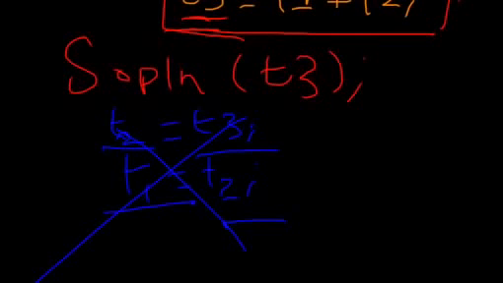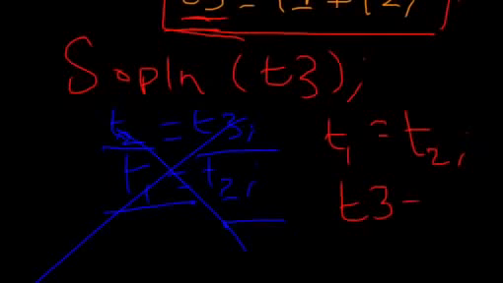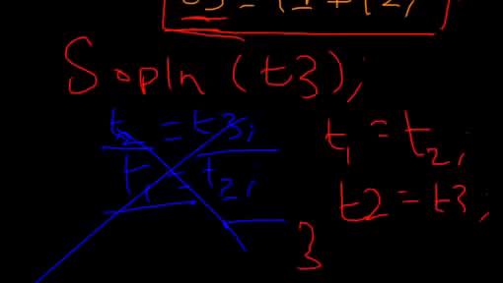Wrong. Don't do that. What you do instead is you set T1 equal to T2 first, and T2 equal to T3, and this is where your loop ends.